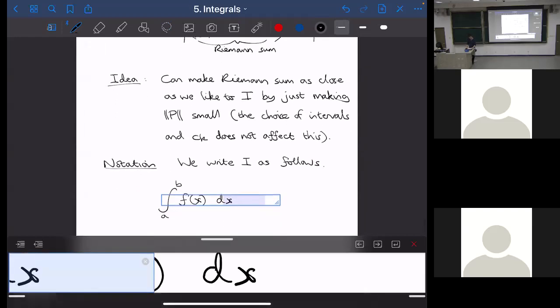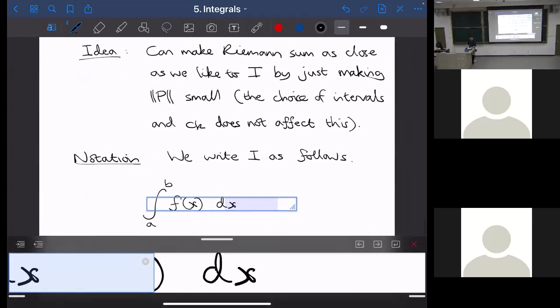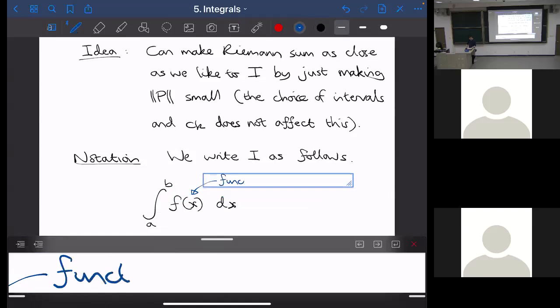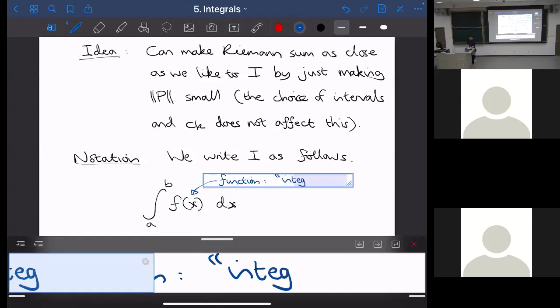We write the function f(x) like this. So this is called the integrand.